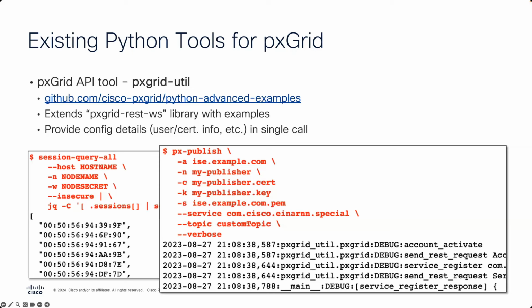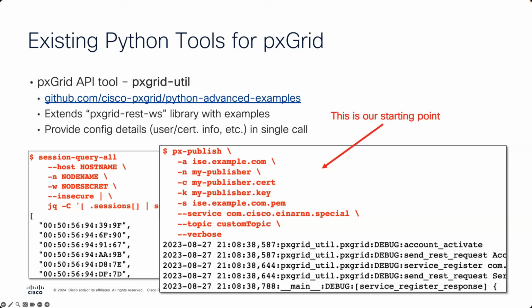I could even include an additional value of verbose, and that verbose argument allows me to see everything that actually happens on the back end. So I can learn more about how this process is actually working by using that verbose command. And this tool is really going to be our starting point. We're going to use this and just expand upon it and add endpoint visibility from our software here.